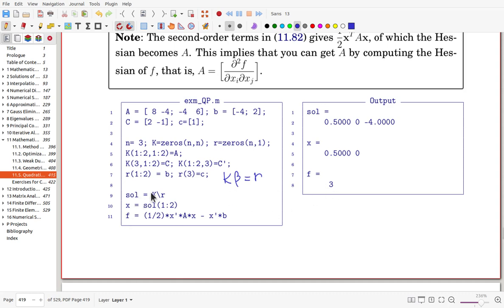Now the solution has a third component: half, 0, minus 4. The first two will be x, and minus 4 will be the Lagrange multiplier lambda. By inverting the KKT matrix, we can solve the problem. This is a small problem, so you can get the solution directly.